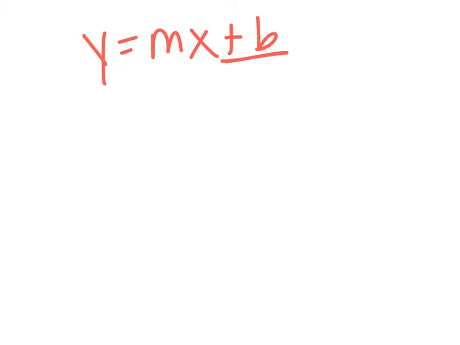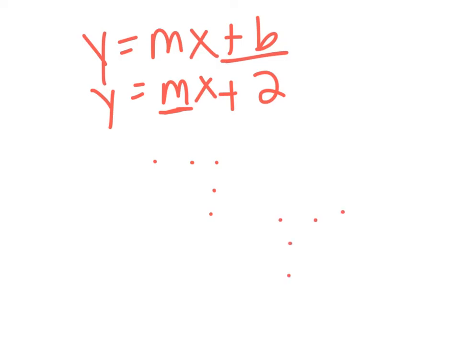Okay, so let's just say that's a positive 2, and then to find the m value, you just need to count up and over to find what that m value is. You can do it the long way by identifying 2 points on the line and calculating that by hand, but if you're given the graph, all you have to do is find those 2 points and count up and over to find the slope.